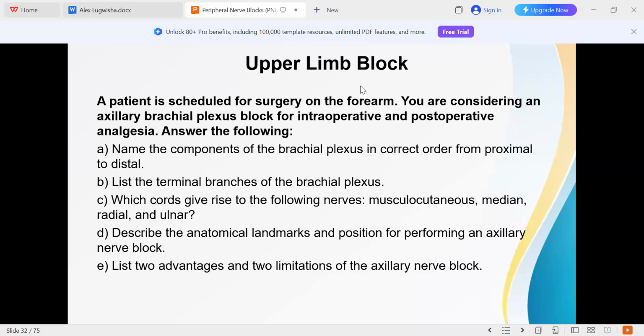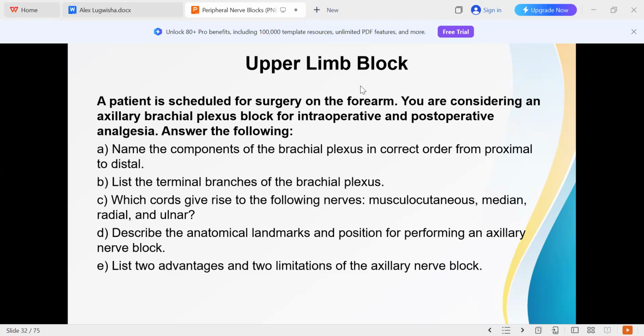Good try. So what are the advantages of the axillary block and the two limitations? Prof, I want to try. Okay, Hosea, go ahead. Compared to other upper limb blocks like interscalene and supraclavicular blocks, axillary block is generally safe with a low risk of complications since it is very distant from structures like the pleura and major blood vessels.